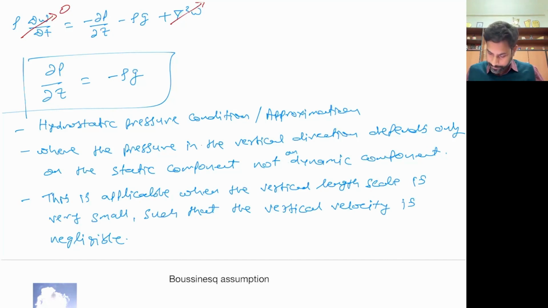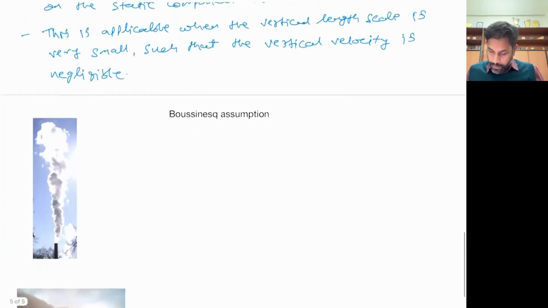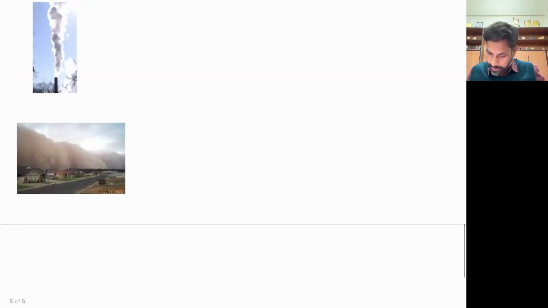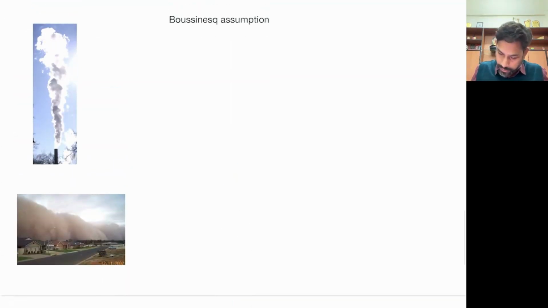Okay, so now moving ahead, the next topic or next assumption which is equally important is called Boussinesq assumption, and this is particularly applicable for buoyancy driven flows where flow is happening because of small density differences. Okay, and in this case we see two examples.